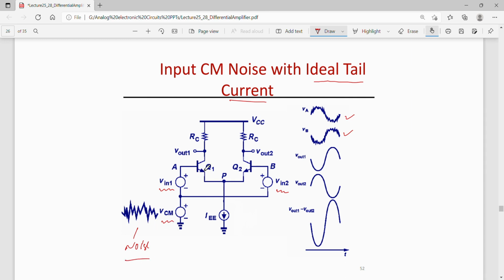Now the output 1 and output 2, the single-ended outputs, will be free from any noise. So this common mode noise gets cancelled, and in the single-ended outputs you do not see any noise. Similarly, in the differential output, that is Vout1 minus Vout2, we further see no noise.